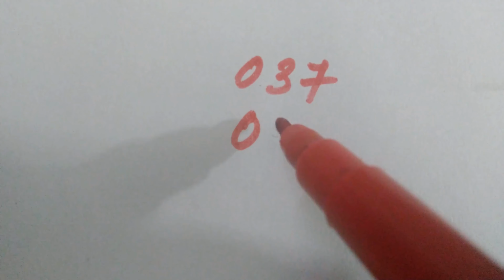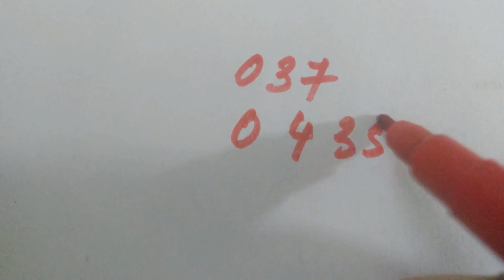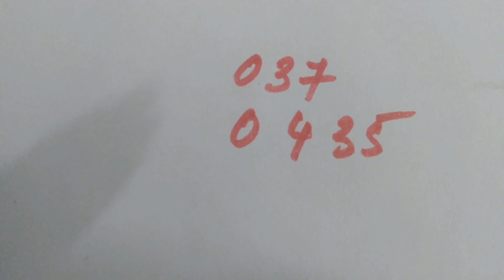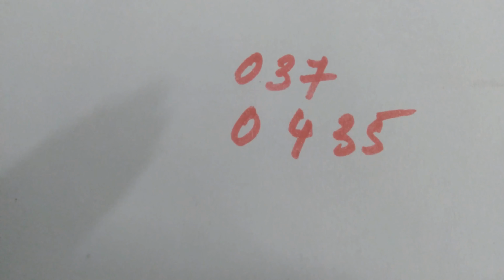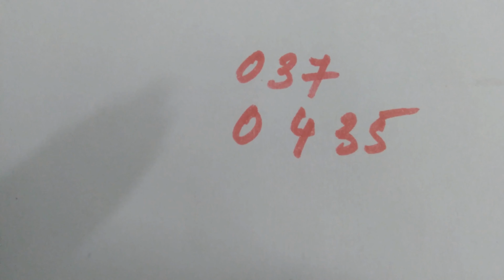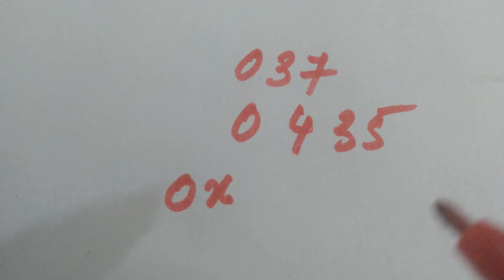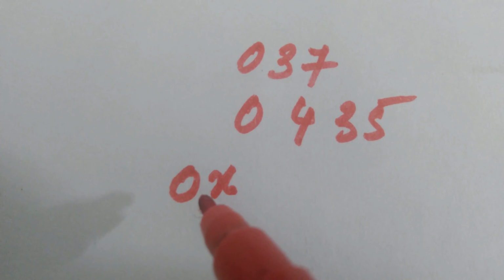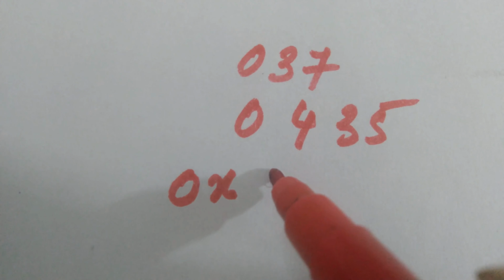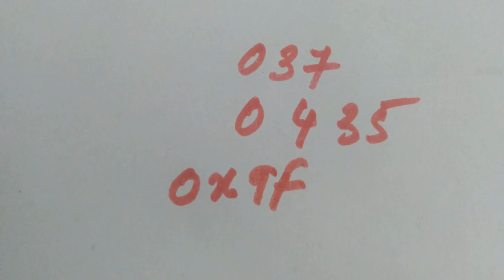For example, 0435, etc. And next is hexadecimal constants, which are a sequence of digits preceded by 0X. For example, we can write a hexadecimal constant as 0X9F, etc.